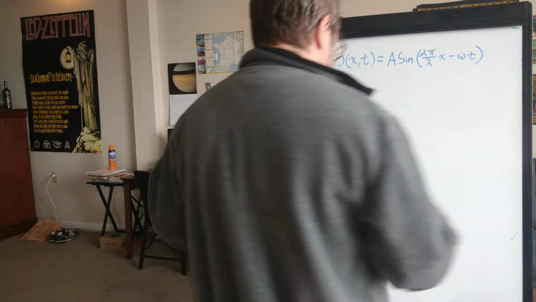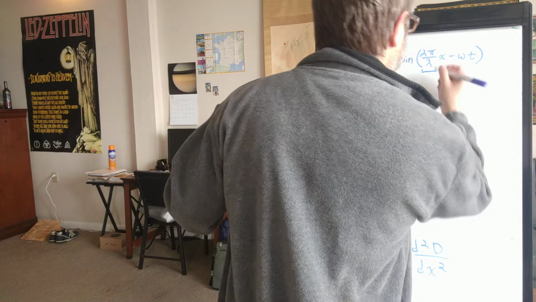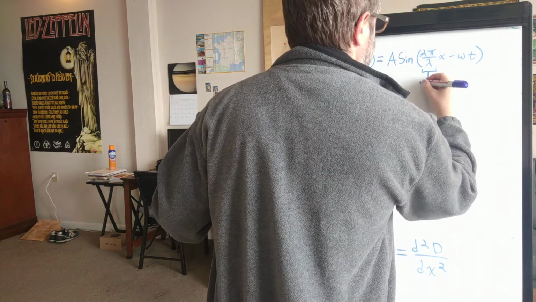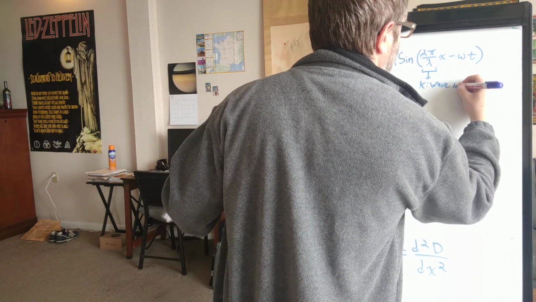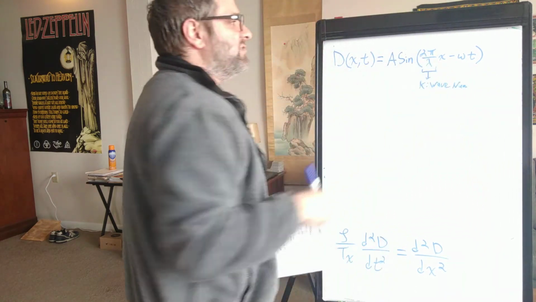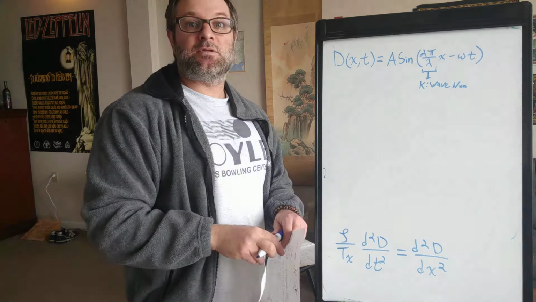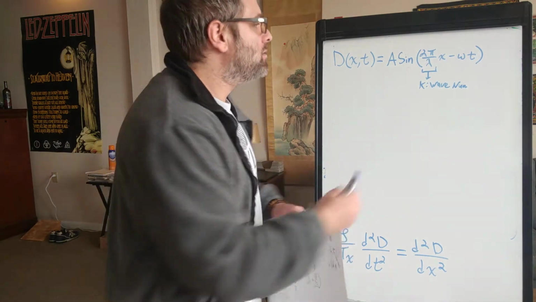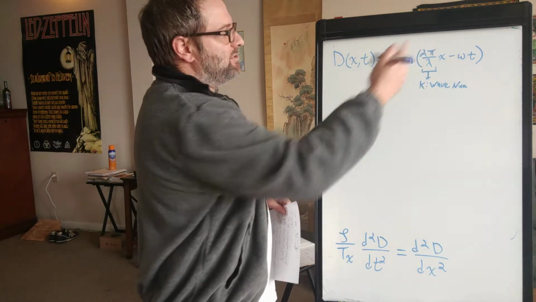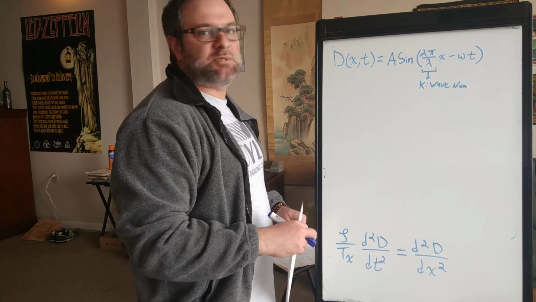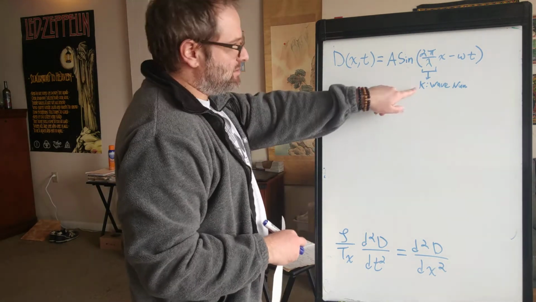The book calls this 2 pi over lambda the wave number k. I'm just going to leave everything in terms of lambda, the wavelength, but it is also standard to use the wave number, which is just the inverse of the wavelength times 2 pi. You'll see this around.